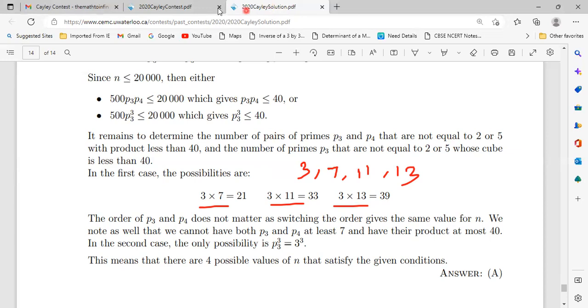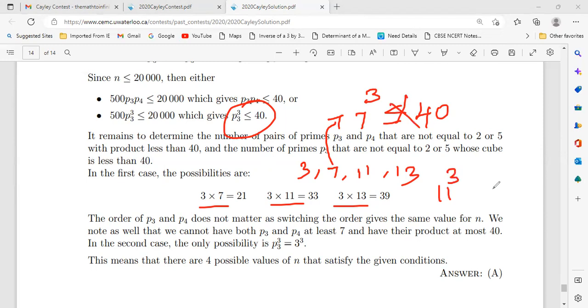What they're trying to say here is, if you substitute P3 as 7, like 7 cube cannot be lesser than 40, right? And 11 cube also fails. You can't use 13 cube either. Do you understand?